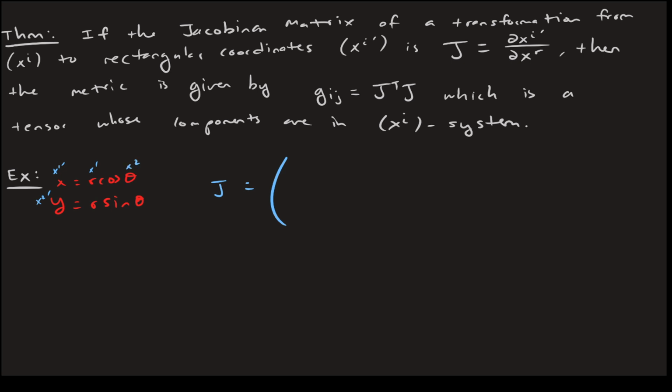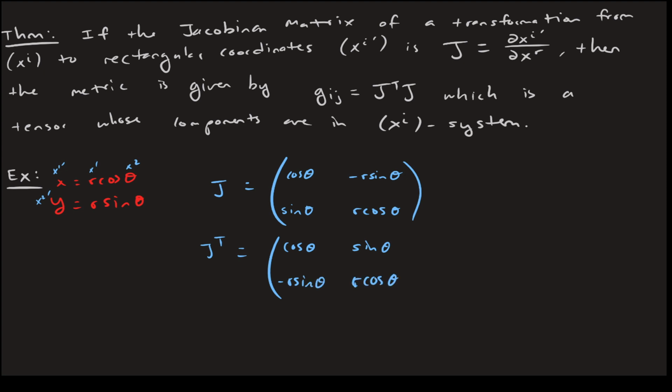So differentiate x with respect to r, you get cosine theta. Differentiate x with respect to theta, you get negative r sine theta. Down here you get sine theta, here you get r cosine theta. J transpose is equal to cosine theta, sine theta, negative r sine theta, r cosine theta.